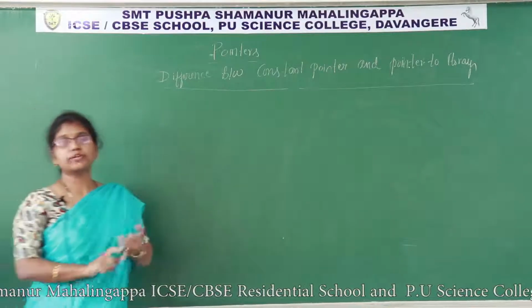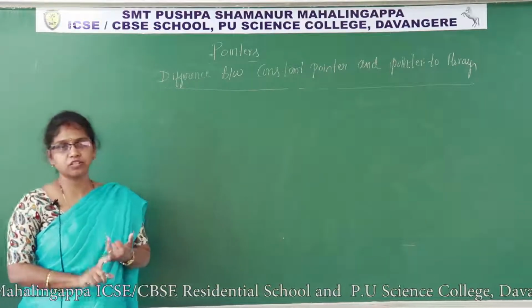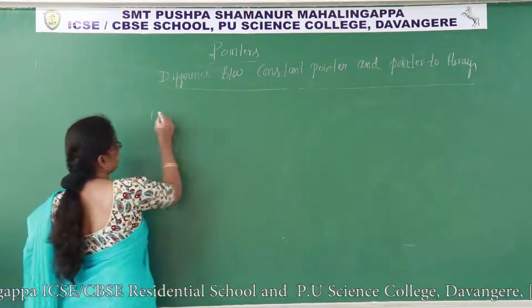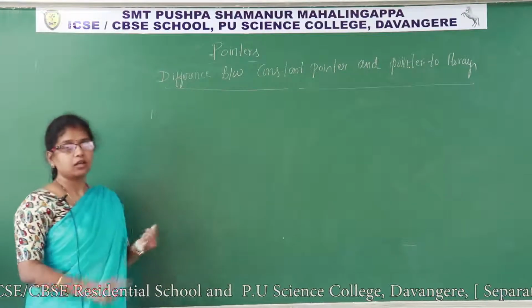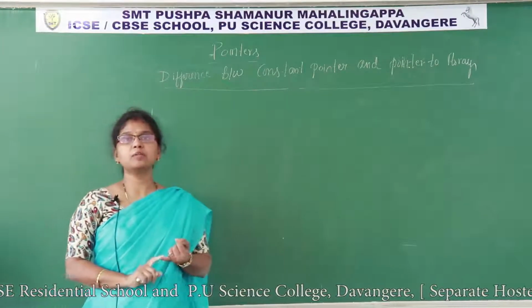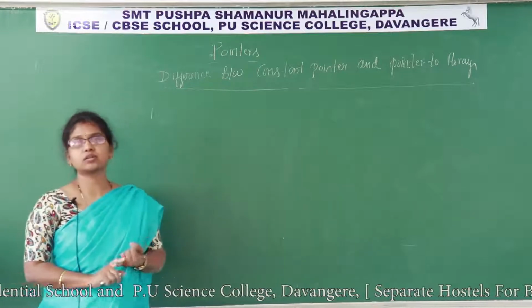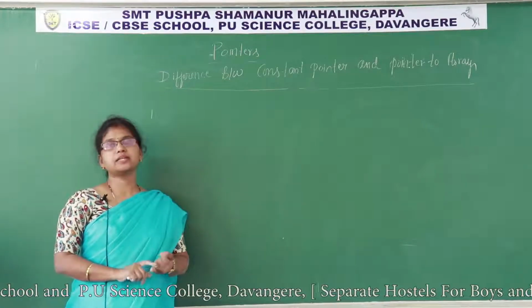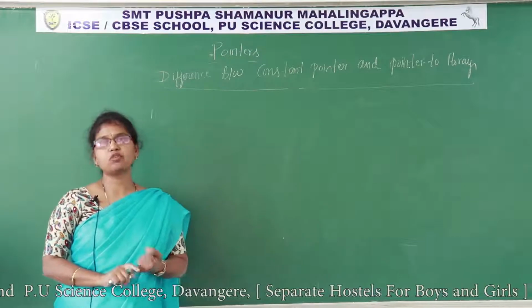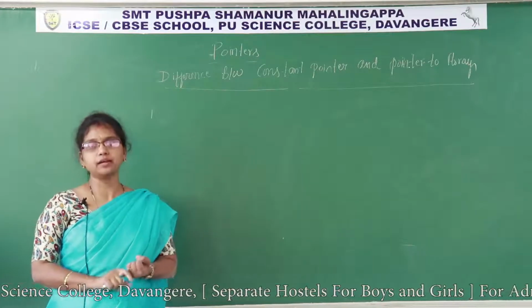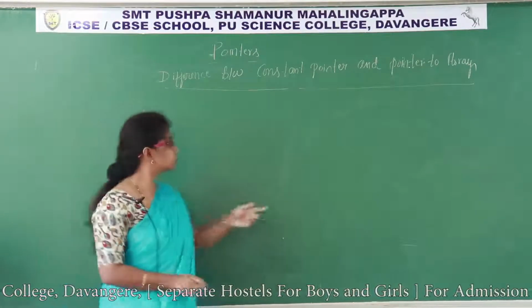You all know what is a constant pointer. So first you have to write the definition. First point would be the definition. Constant pointer means name of array considered as a constant pointer because it points to the address of the first memory location of the array, that is the base address.